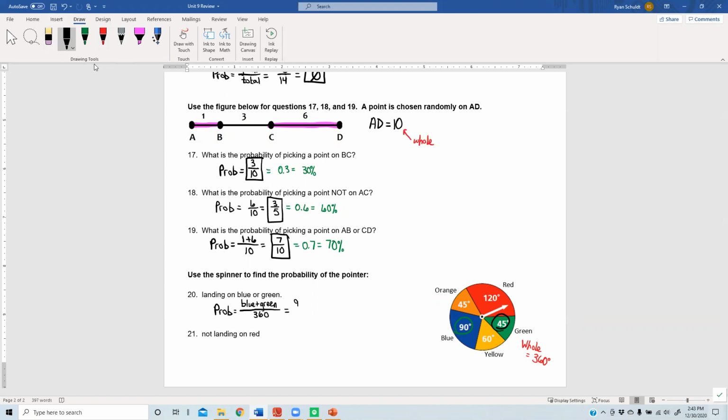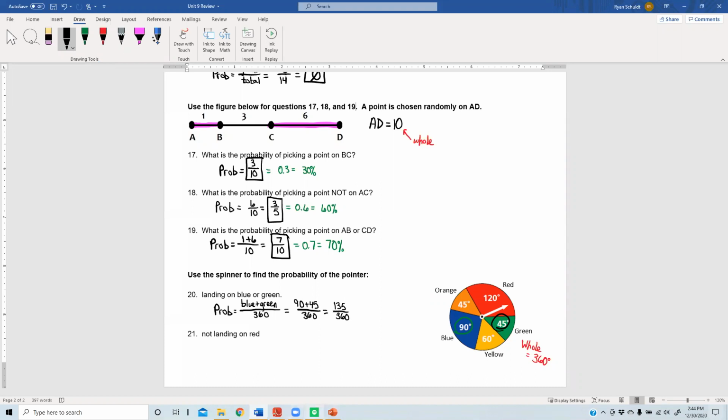Well, blue is 90 plus 45 divided by 360. 90 plus 45, 135 over 360.